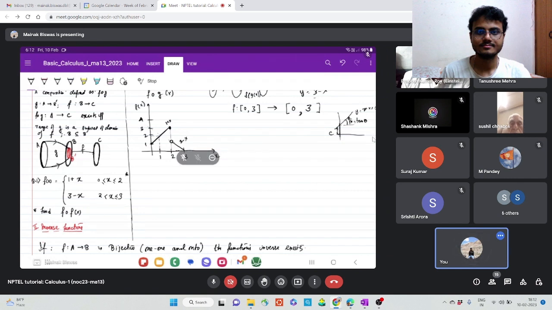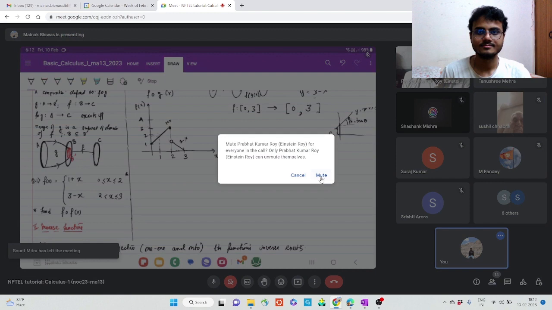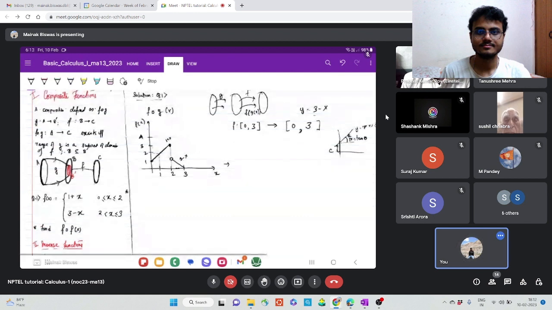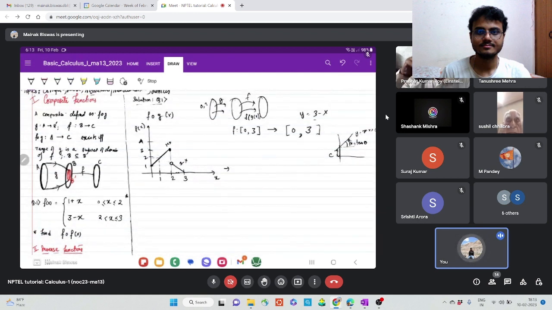So let's try to do this. You see that this function is being plotted from 0 to 3 only.